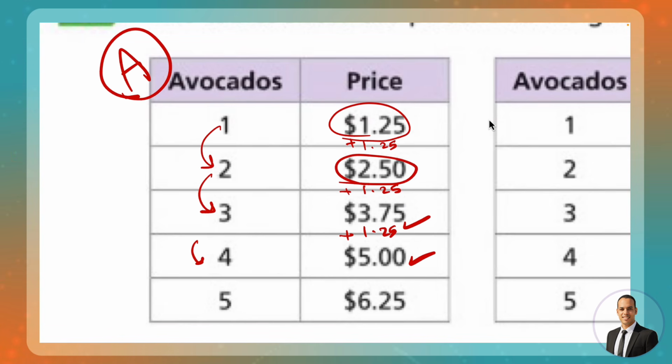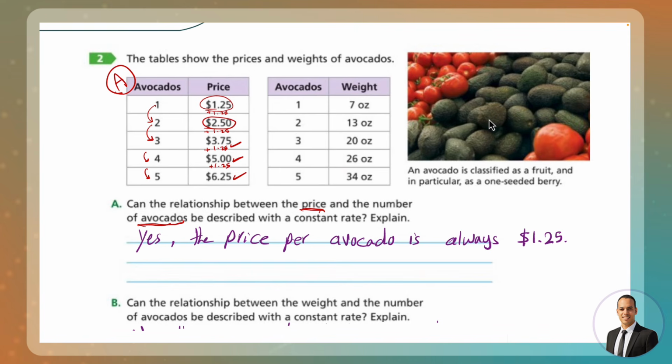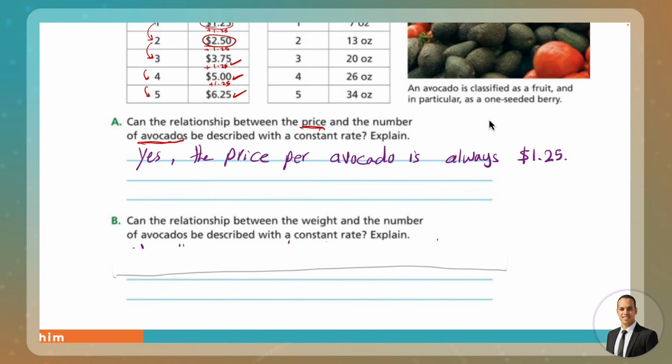And again, you get $5. You add one more avocado, so the 5 will cost plus 1.25. The 5 will cost 6.25. So it seems yes, this is a constant rate. So we can say yes, the price per avocado is always $1.25.